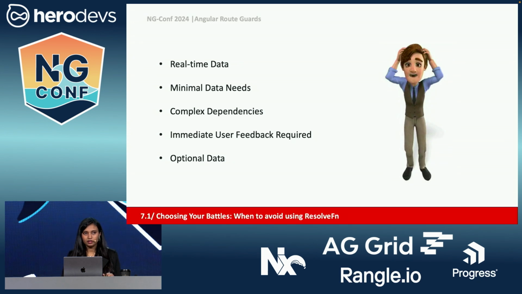We don't want to get to the component and by that time the data is stale. Another one is minimal data needs. Skip the resolve function for trivial data fetching that does not significantly impact your user experience. The third one is that we should definitely avoid complex dependencies or sequential API calls in our resolve function.